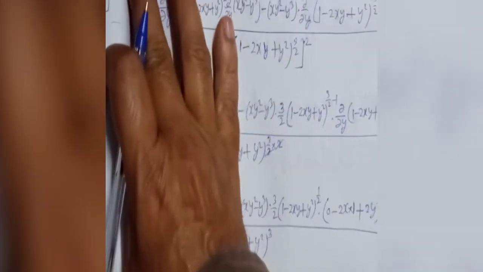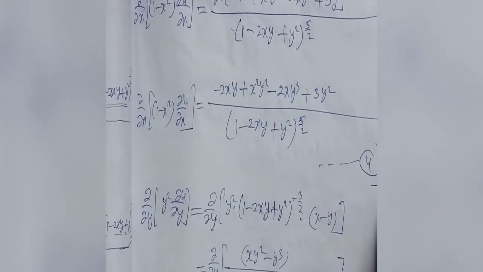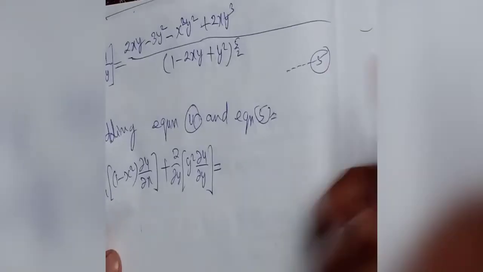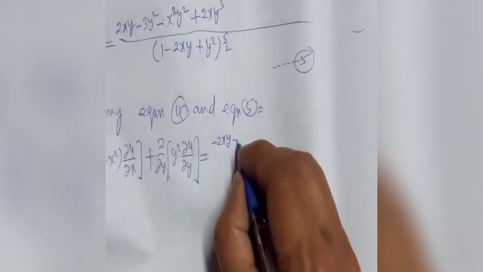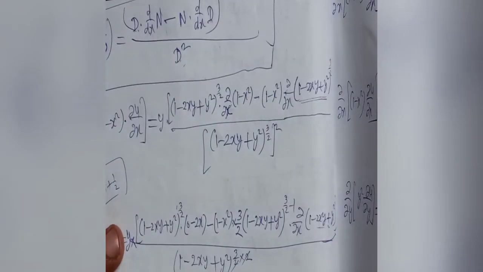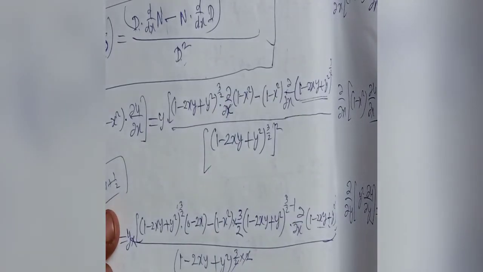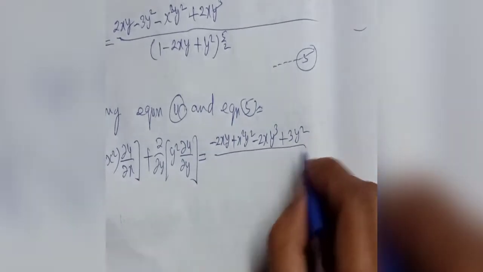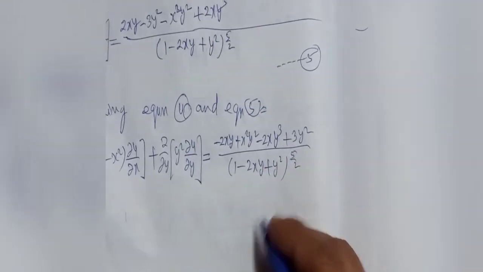On the right hand side in equation number 4 we see minus 2xy plus x square y square minus 2xy cube plus 3y square whole upon 1 minus 2xy plus y square to the power 5/2.